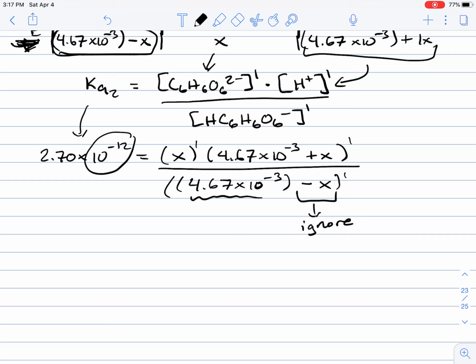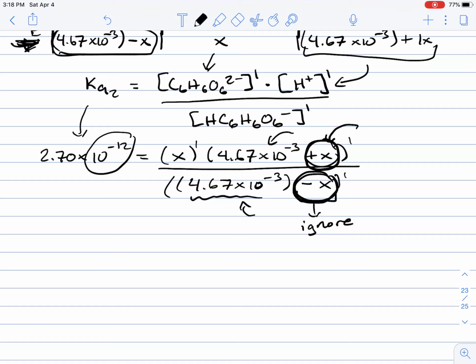Now, what makes this ICE table a little bit different from the first is that we are also comparing the change to that of a tabulated value, much like what we did here in the denominator. So this is an actual value, and we're ignoring the change. And if we ignore the change in the denominator, we can go ahead and ignore the change in the numerator, right?